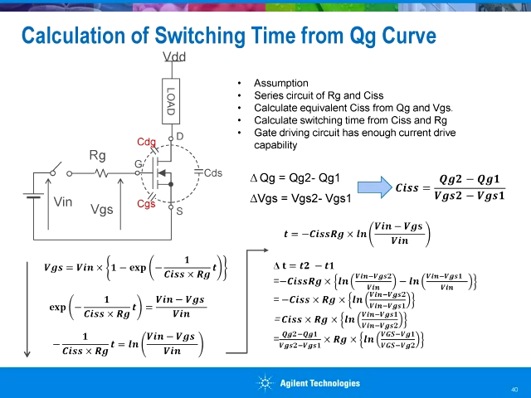From this model, we can calculate the input capacitance from the measured gate charge curve, and also by using this extracted input capacitance and total gate resistance, we can calculate the switching time from the QZ curve with these equations.